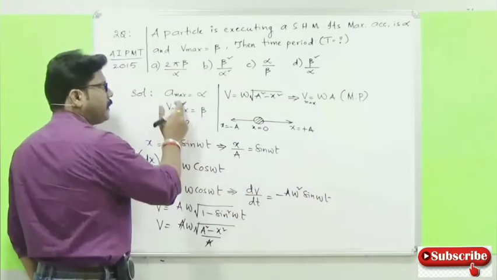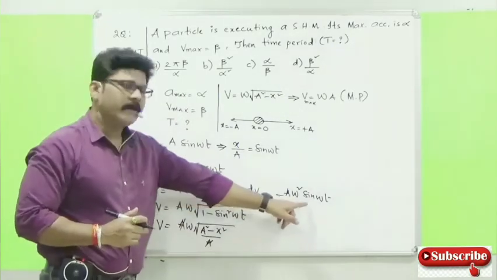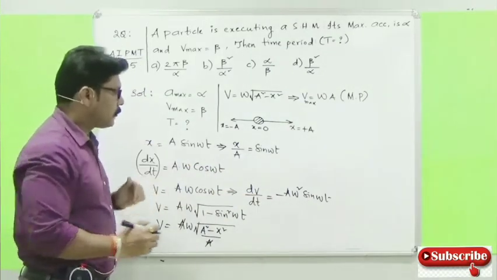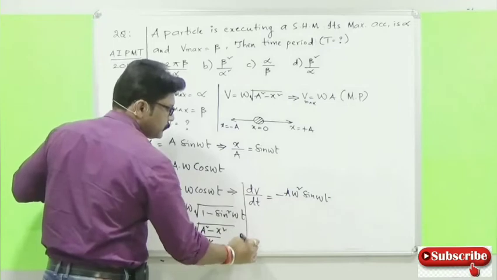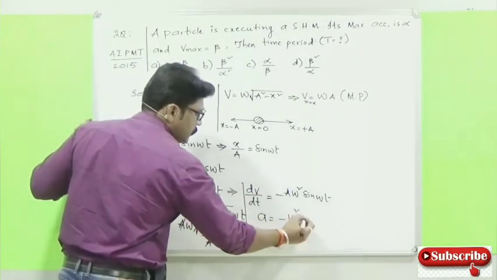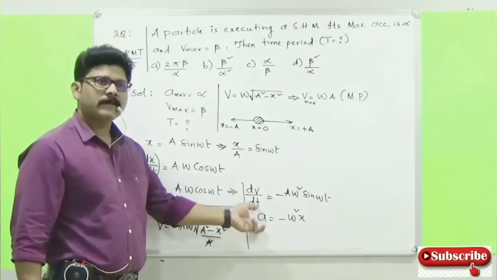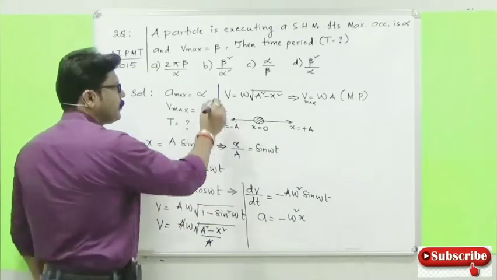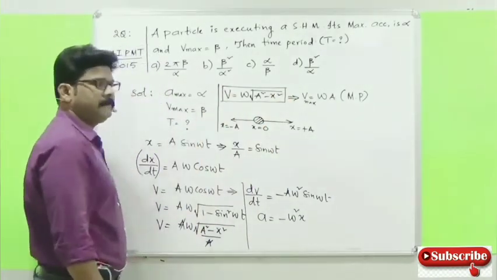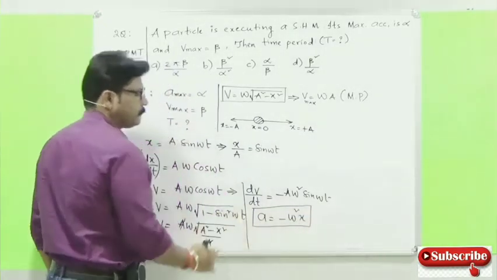Now a sin omega t can be written as x. Substitute that: acceleration a equals minus omega square into x. So this is the general equation of acceleration, just as the earlier one is the general equation of velocity of a simple harmonic oscillator.